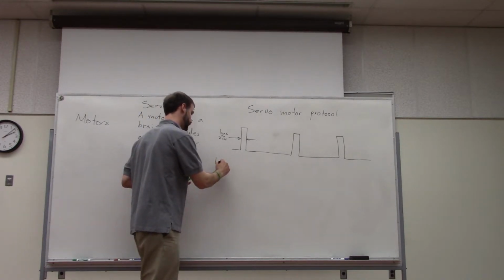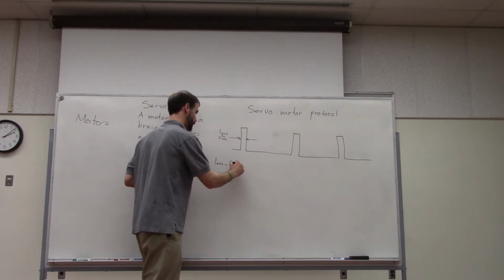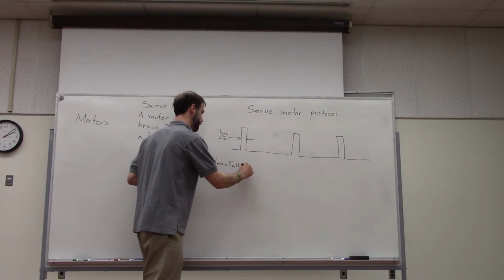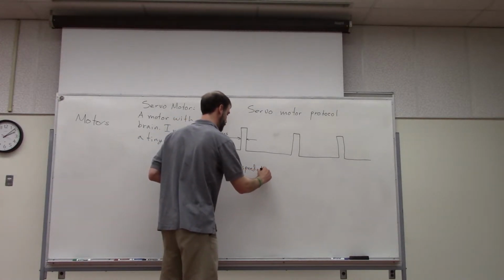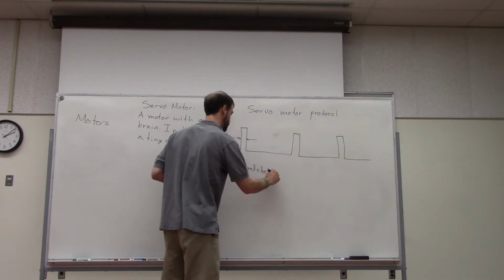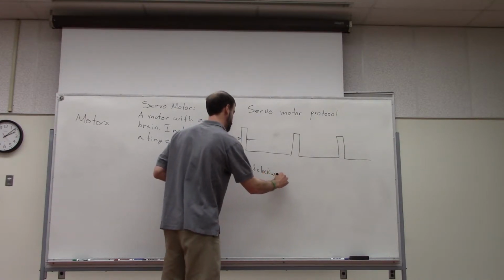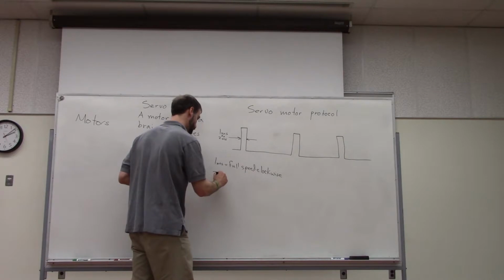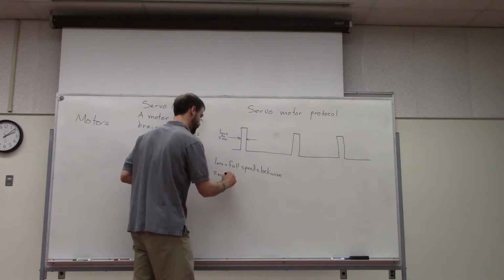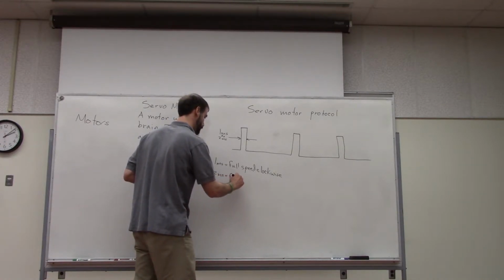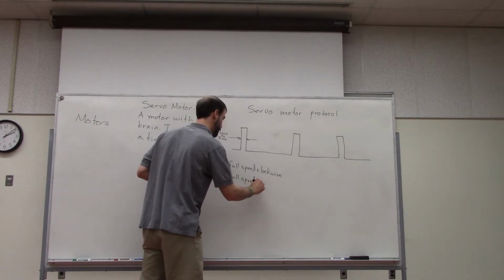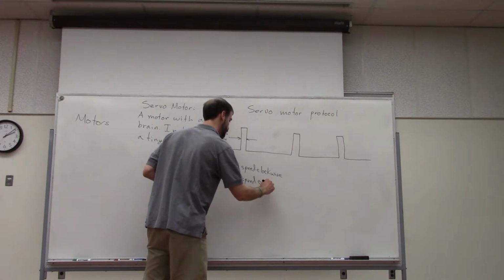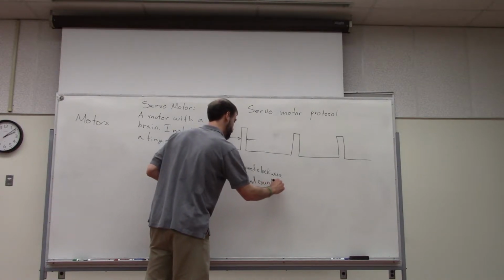One millisecond means full speed clockwise. 2 milliseconds means full speed counterclockwise.